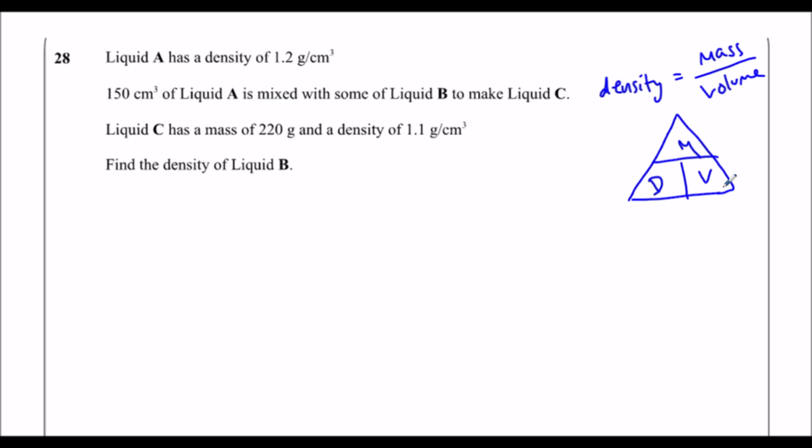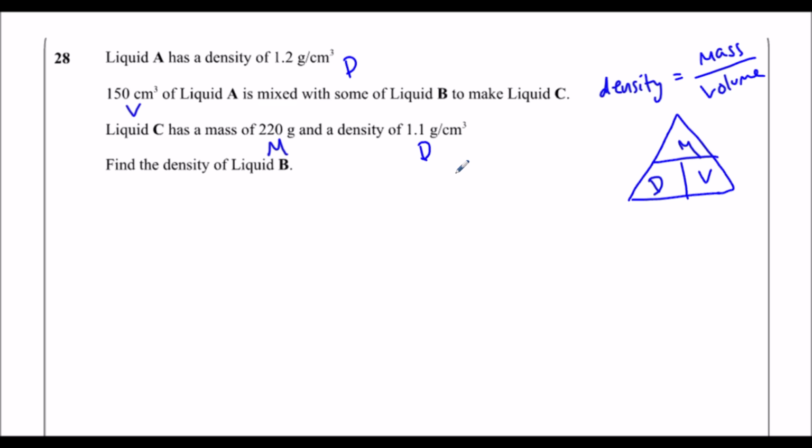So we've got liquid A. We've got a density of 1.2 grams per centimeter cubed. We've got 150 centimeters cubed of liquid A. That's volume. It's mixed with some of liquid B to make liquid C. And then liquid C, we're given the mass and the density, not the volume. And we need to find the density of liquid B.